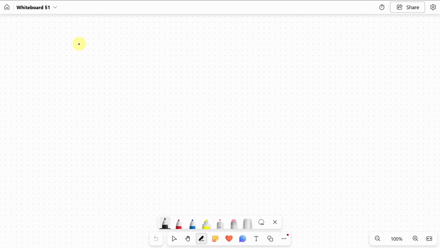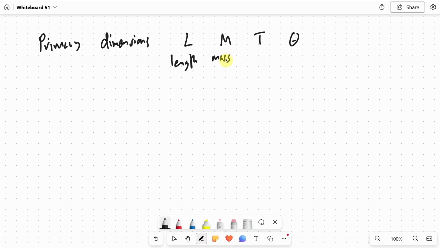Again, we have the primary dimensions: length, mass, time, and temperature.